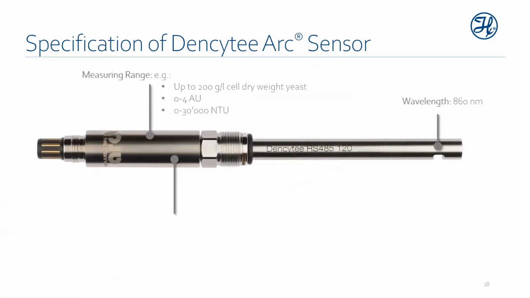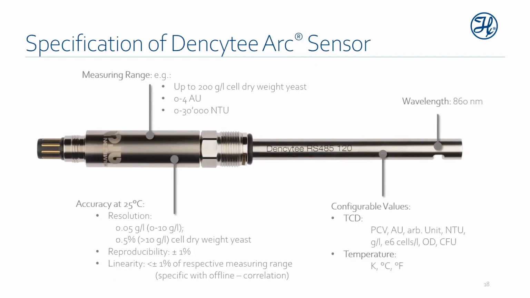The Dencytee Arc measurement range is vastly improved from our predecessor product, and we now specify that you can get up to 200 grams per liter dry cell weight with this sensor as a single measurement. Other units that are often used to specify this are 0 to 4 absorption units, or 0 to 30,000 NTUs.